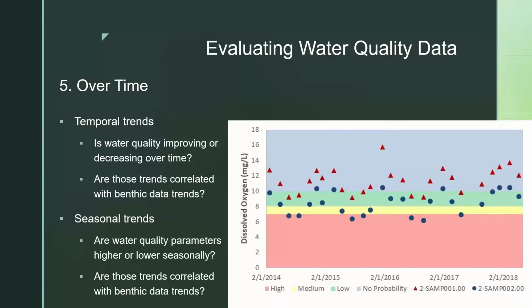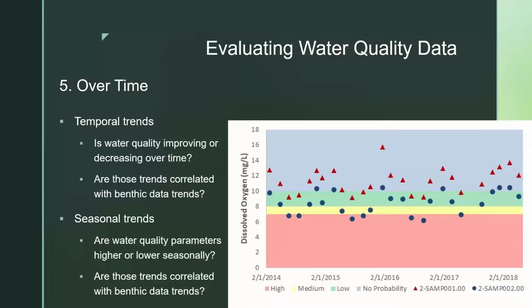Another way we want to look at and evaluate data is over time. How do levels of individual parameters change over time? Do we have any increasing or decreasing trends of that water quality parameter over time? And how do those trends correlate with benthic data? Now, we talked about on Monday looking at the temporal trends within benthic data.